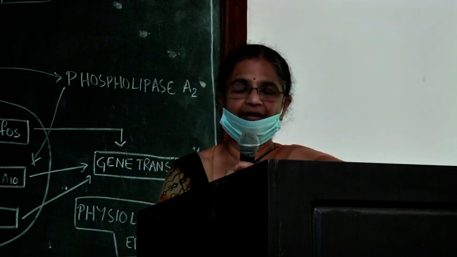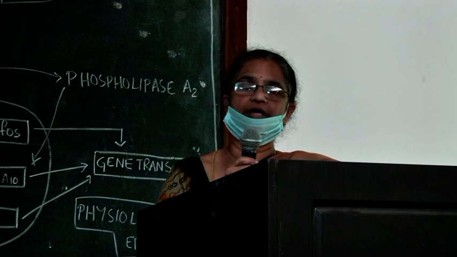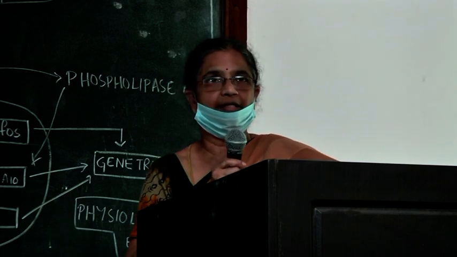Next, there is a stimulation of the growth of various viscera, for example the heart, the kidneys, the spleen, the liver, skin, any organ in the body grows under the influence of the growth hormone.